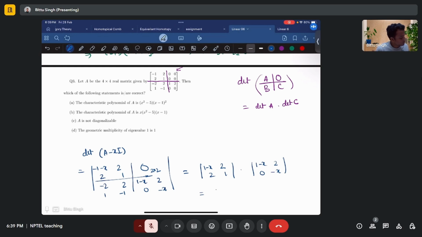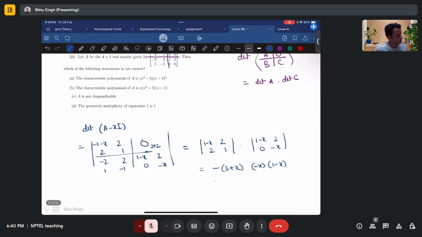Now this is the same as 1 minus x times 1 minus 4. So this is minus 3 minus x. If we take minus common, then it is 3 plus x. Then there is minus x times 1 minus x, this determinant.